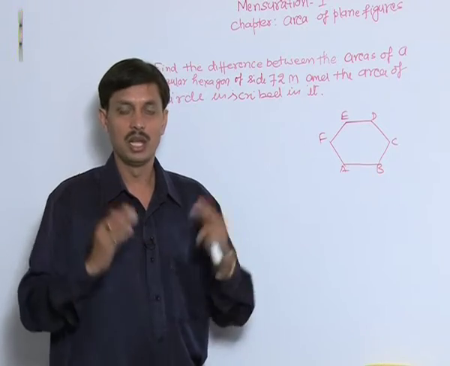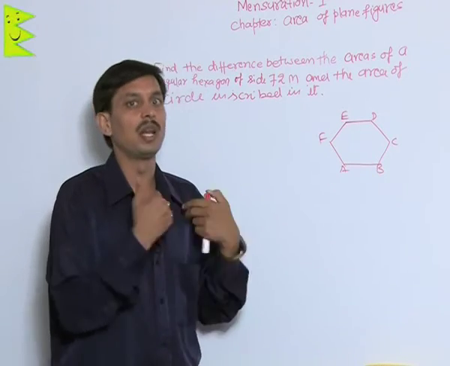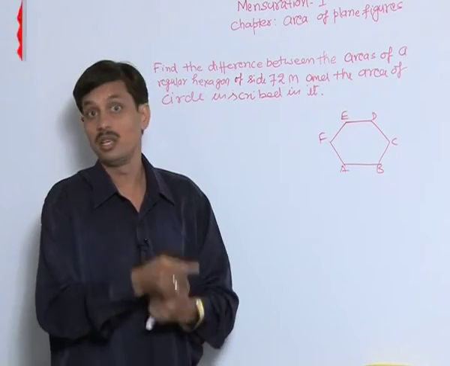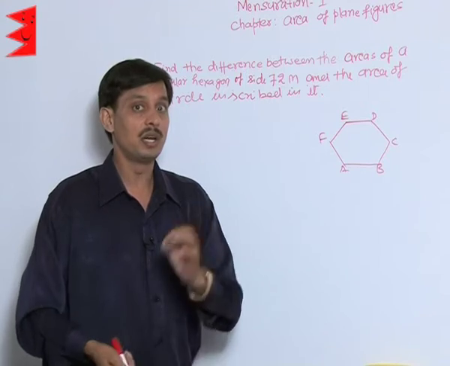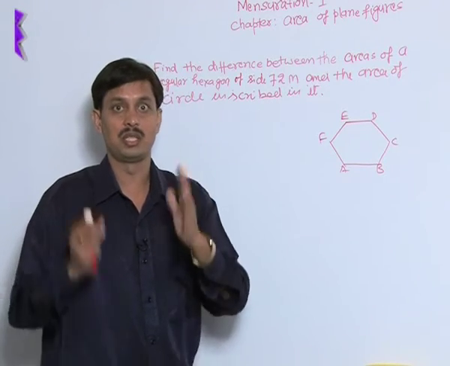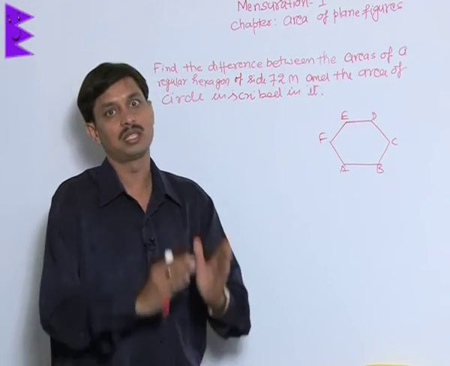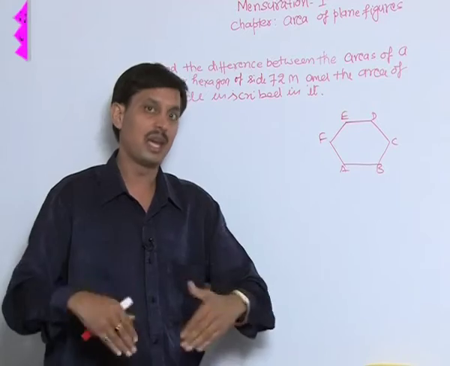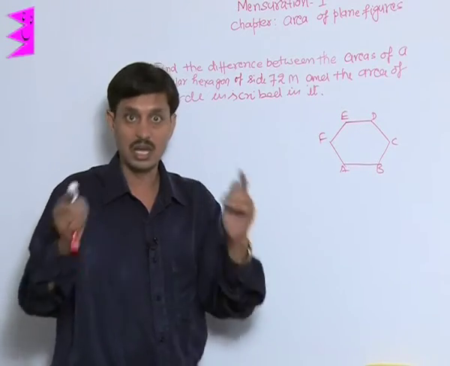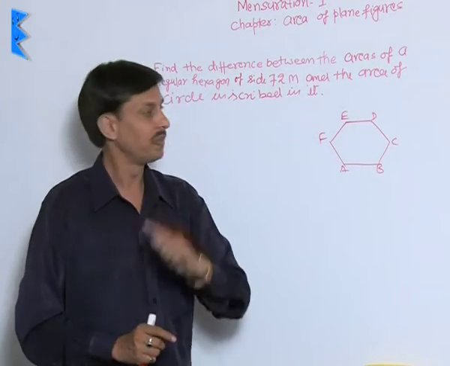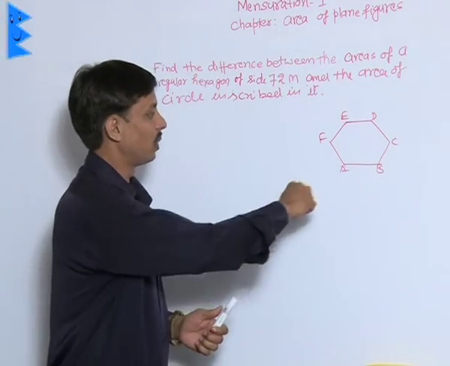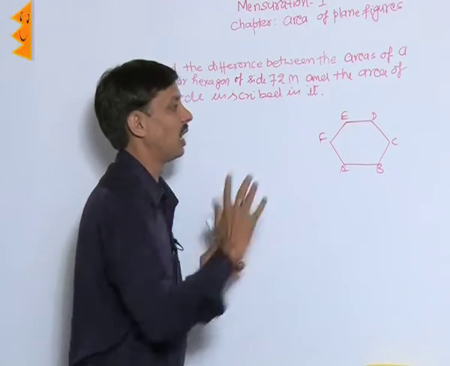The rhombus is not a regular polygon, whereas a square is a regular polygon. The very simple logic is that a square has all angles and all sides equal, whereas a rhombus has only sides equal, not angles.